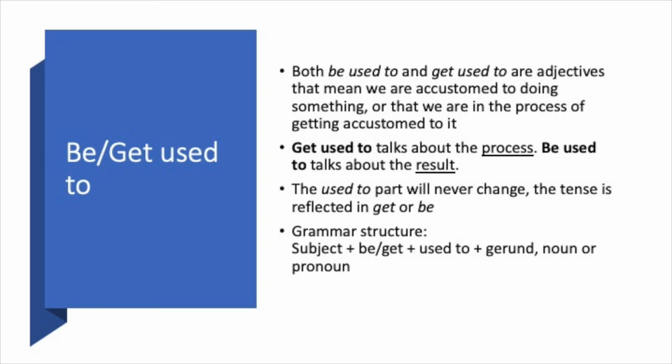The used to part never changes. The part that changes to indicate the tense is get or the verb to be. So the grammar structure is be or get plus used to plus gerund, pronoun, or noun. Now a gerund is a verb that ends in ing that is acting as a noun.